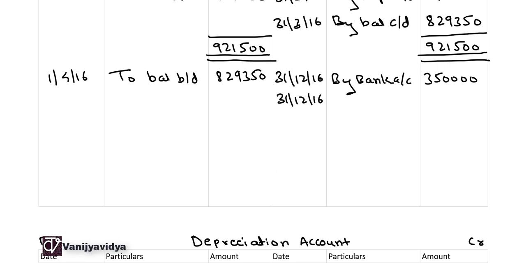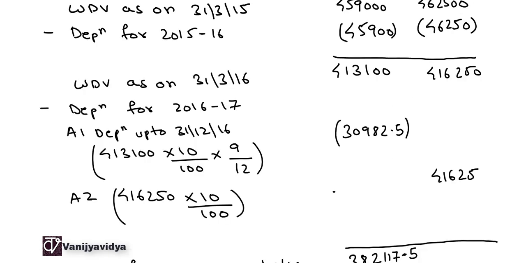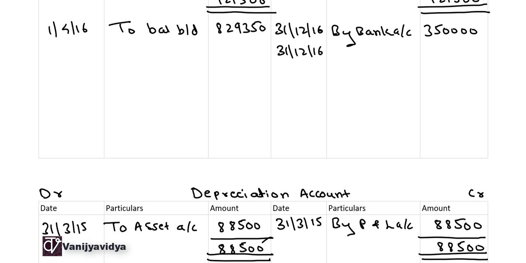The entry will be depreciation account debit to asset account, and let's see the amount of the depreciation. The depreciation is 30,982.5. Let's record this. In the asset account, credit side, by depreciation account, how much is the amount? 30,982.5.